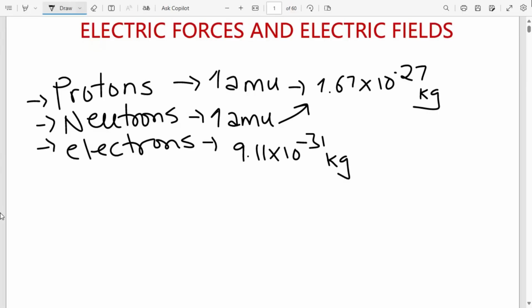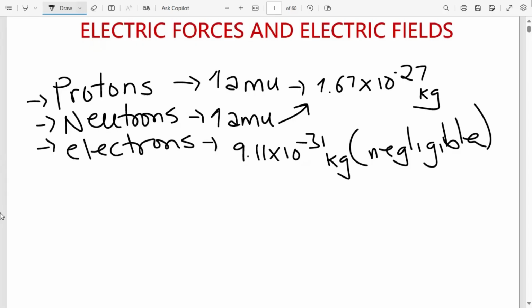This is about 1,800 times smaller than the protons and neutrons in the nucleus of our atom. Hence, we just say the mass of the electron is negligible.